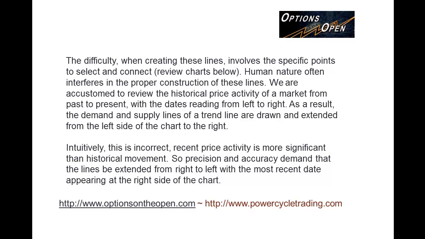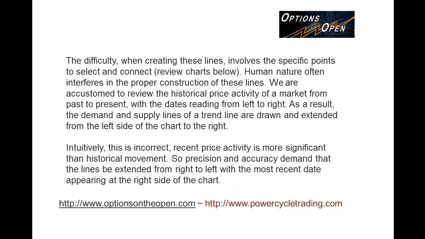Now, again, the difficulty when creating these lines involves specific points from which to select and connect your trend line. Human nature often interferes in the proper construction of these lines, so we are accustomed to review the historical price activity of a market from past price to present, with the dates reading from the left of your chart to your right.